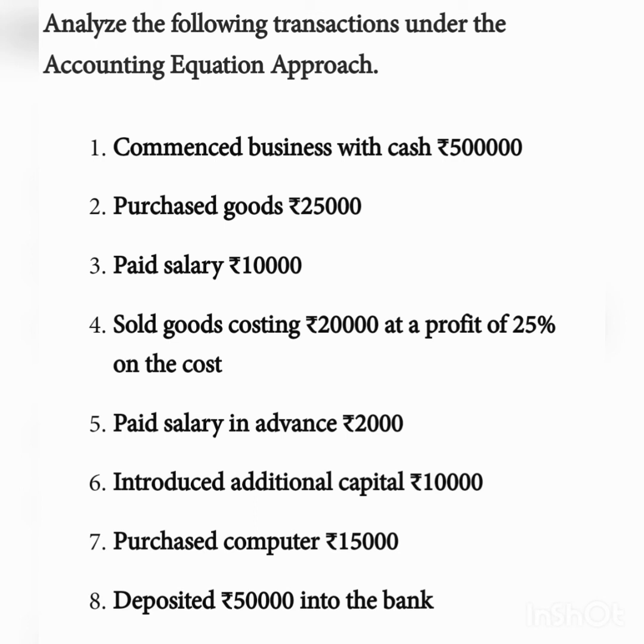Under liability side, there is only one column for recording transaction, that is capital account. Then write the total of each and every account. Write the total of cash account, stock account, then computer account, prepaid salary account, etc. Then write the total of capital account. Then check whether these transactions satisfied the accounting equation statement.